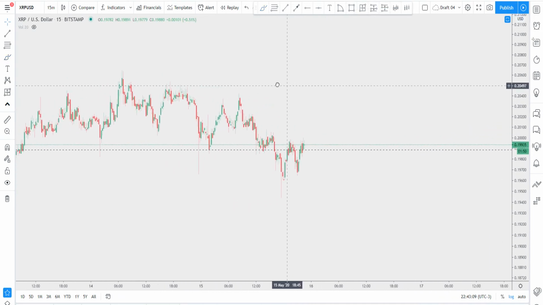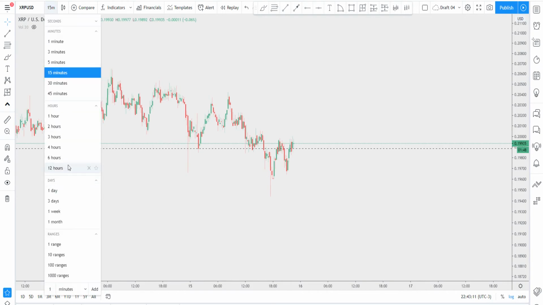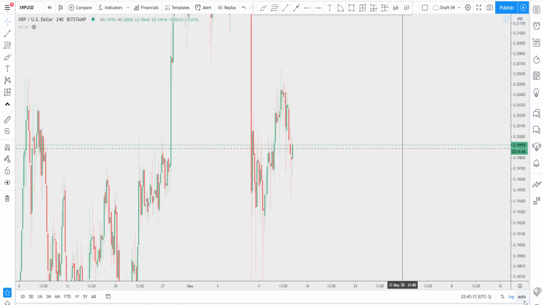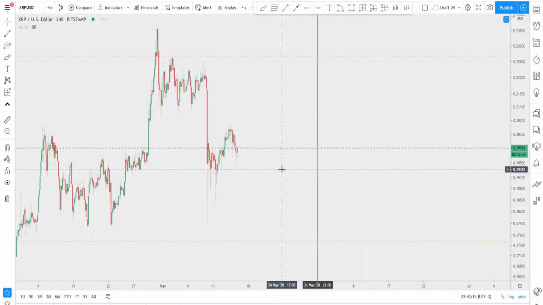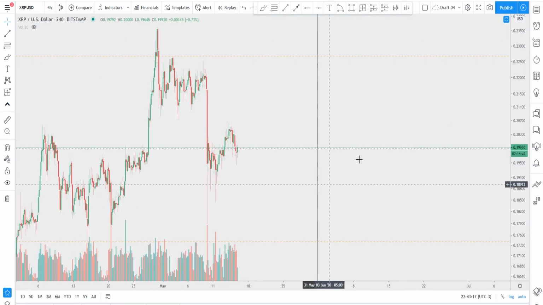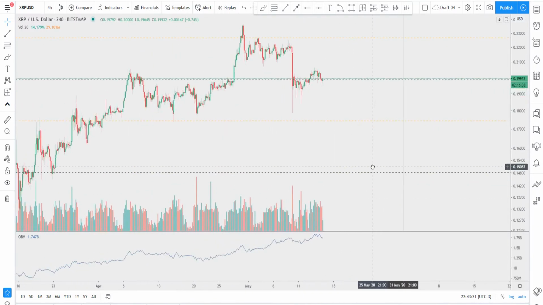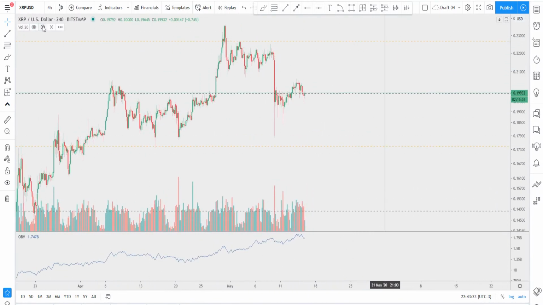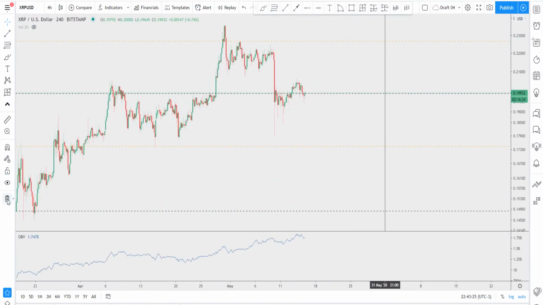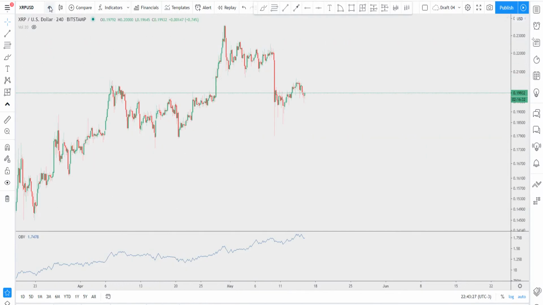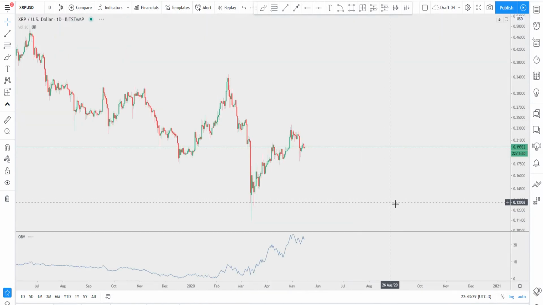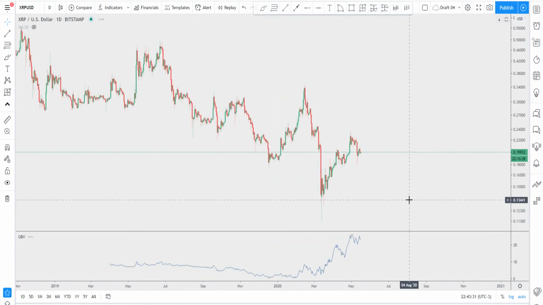Okay, and just let me take a look on the volume here on the 4 hours, just a quick one. Okay, so let me clear everything here, and let me see if it is on the daily as well. Okay, so it's on the daily as well.